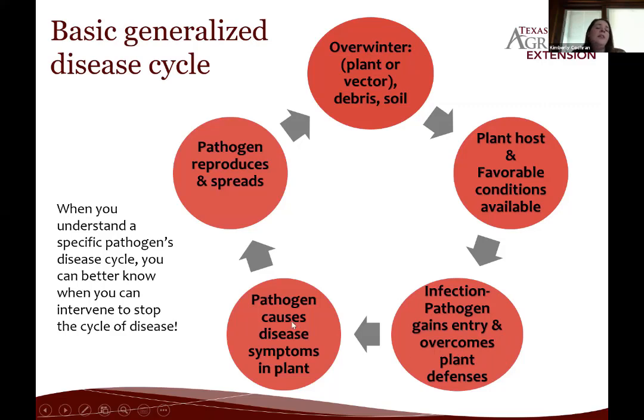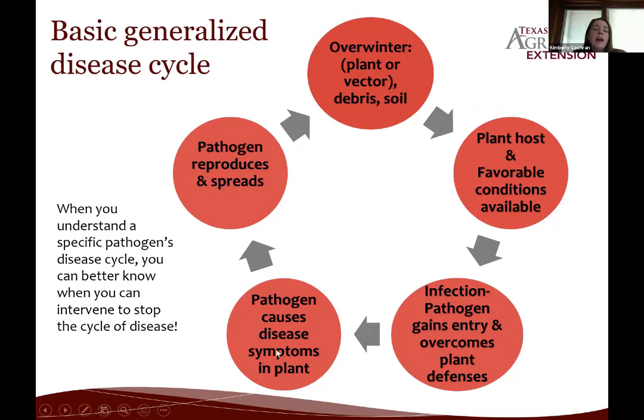After that, the pathogen will continue to colonize the host plant, and through a series of metabolic interactions and molecular interactions, the pathogen will start to cause symptoms in the plant. And this is usually when we'll start seeing problems pop up. So you'll see things like leaf spots or wilts.